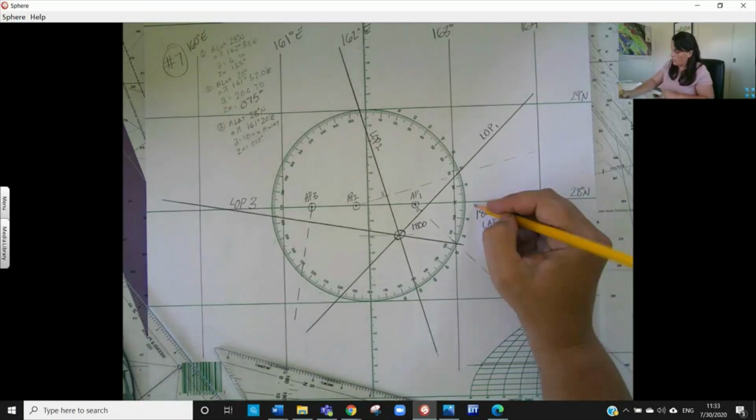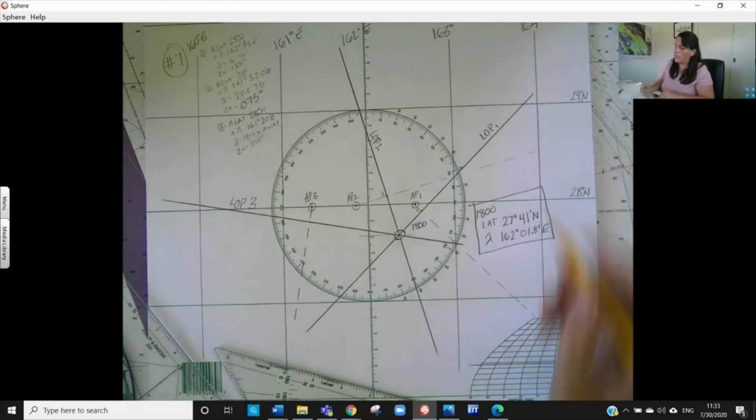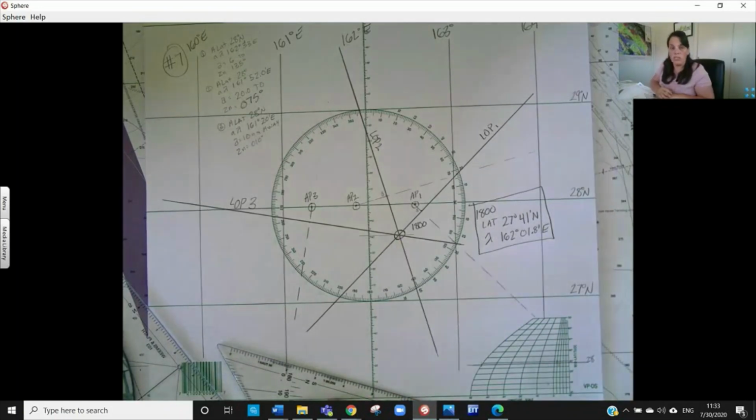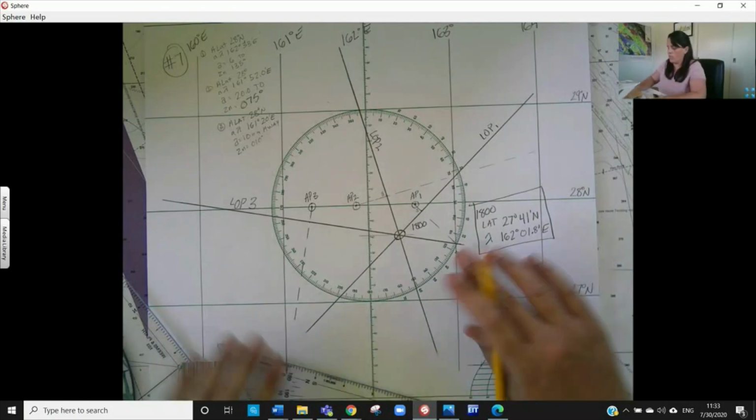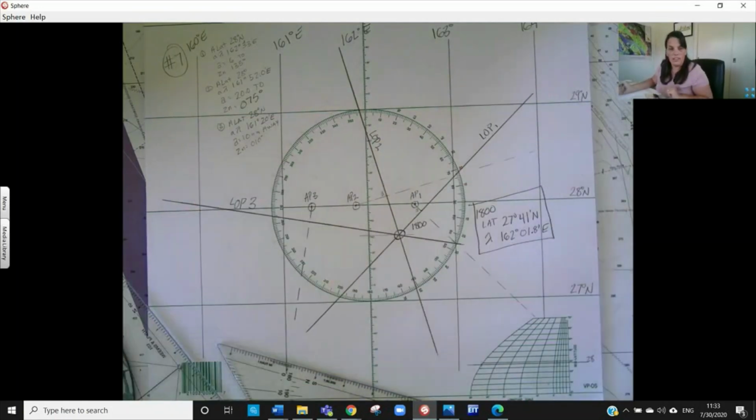So that is my latitude and longitude by plotting 3 celestial LOPs. So you can erase all the other stuff on there if you want, but all you need is the LOPs. All right, let's practice. Our assumed positions were all given to us in this. So now we're going to practice calculating our assumed position. So here we go.